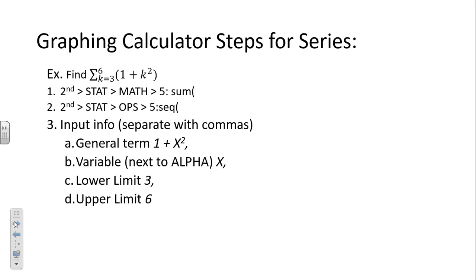Then it wants to know the start or the lower limit. So if you're doing them all in one nice neat line, you push a comma 3 and then an upper limit comma 6, or you can use start at 3, end at 6. Your step is going to default to 1 unless you tell it otherwise. So you just go down and press paste or press enter, depending on which style of calculator you have.